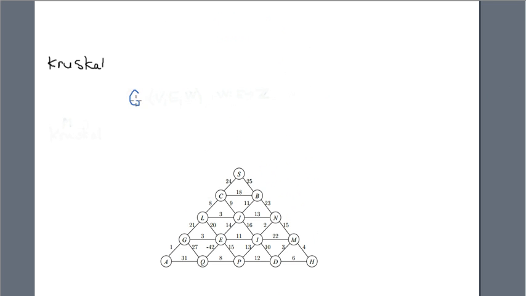Okay, so Kruskal's algorithm takes some connected graph G with weighted edges. This graph has some vertices, some edges, and some weights. The vertices and the edges can be represented by sets, and the weight is a function that assigns some number, in this case an integer, to each edge.